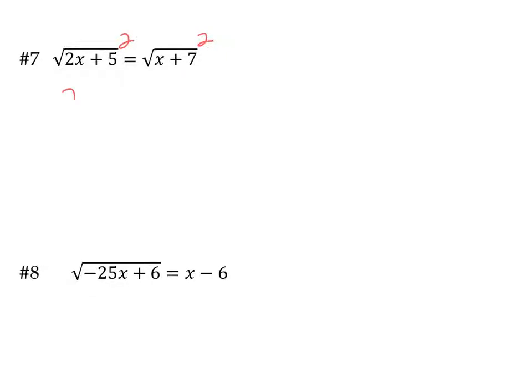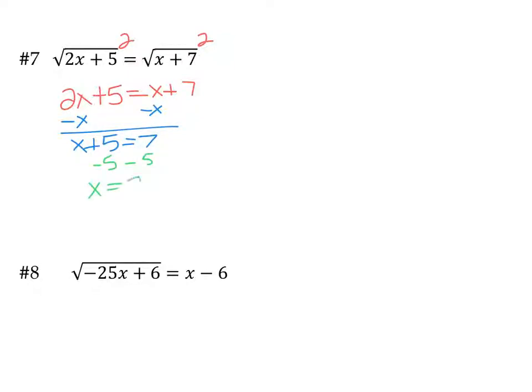And we'll end up with 2x plus 5 equals x plus 7. Now we can solve this for x by subtracting x on both sides and getting it by itself. So I subtract x on both sides, gives me x plus 5 equals 7. I then subtract the 5 on both sides and get x equals 2.